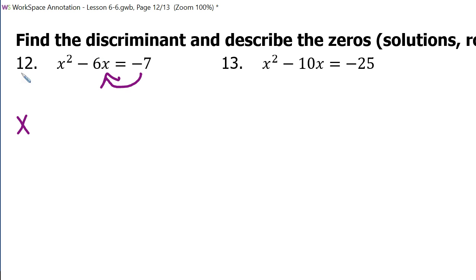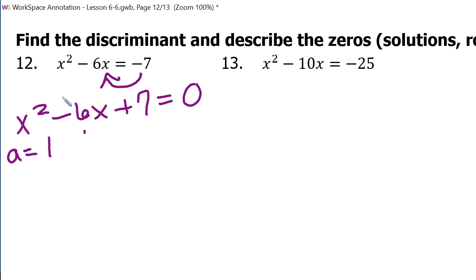What happens to negative 7 when I move it to the other side? It changes to positive 7. And then you need to list out a. What is a? 1. What is b? Negative 6. What is c? 7.